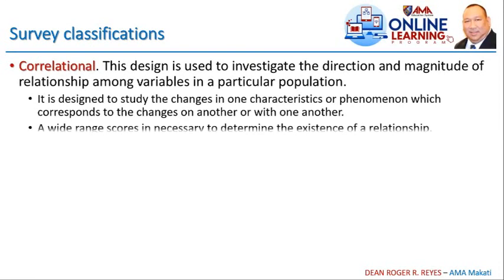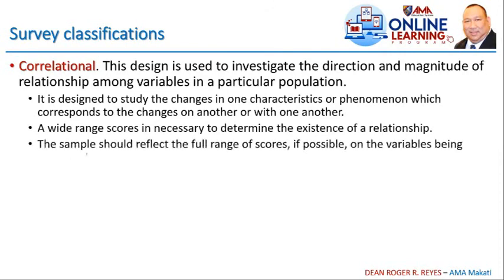Correlation. This design is used to investigate the direction and magnitude of relationship among variables in a particular population. Relationships could be positive or negative relationship. Kapag positive relationship, kapag mataas itong isa, mataas din itong isa.